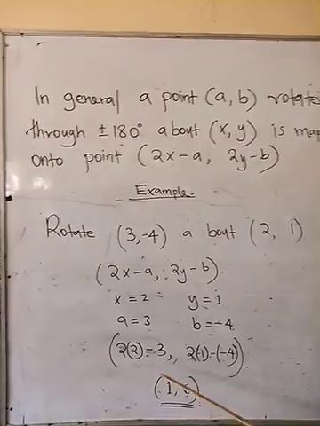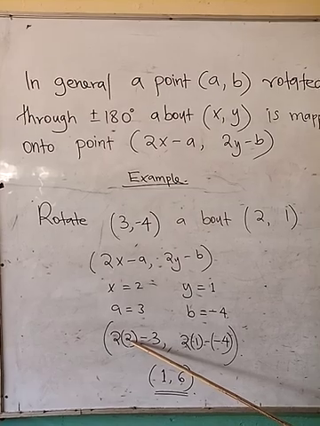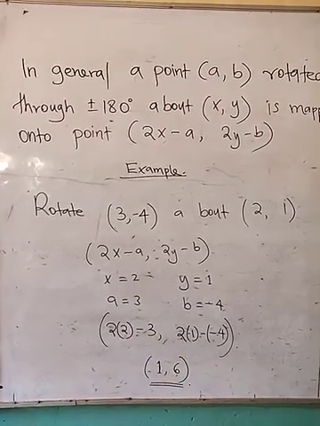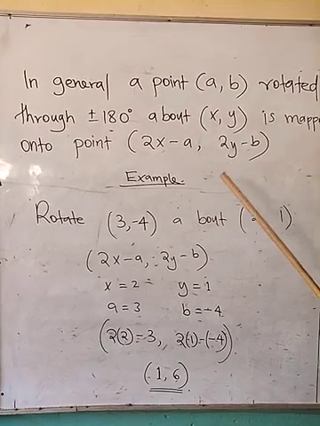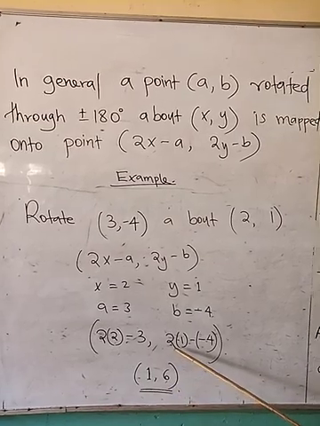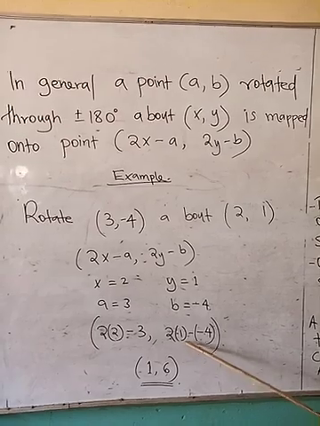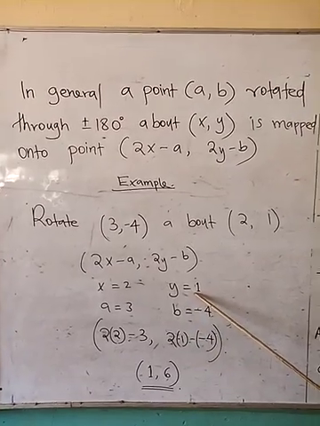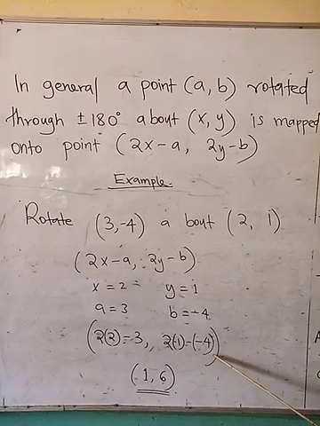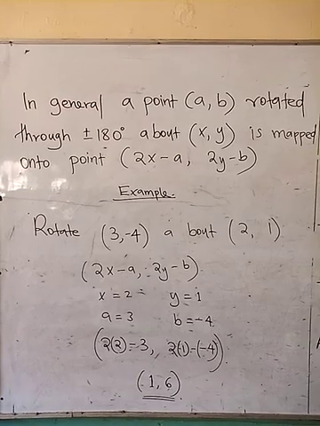So let us substitute 2 times 2, which is the center of rotation, minus 3, which is the x coordinate of the point to be rotated, while 2 times y, the y coordinate of the center of rotation, minus b, the y coordinate of the point to be rotated.